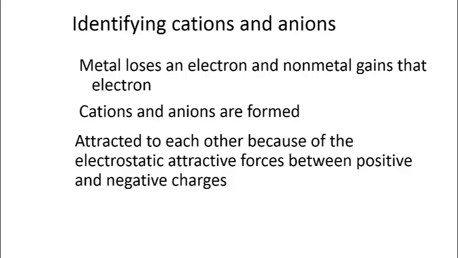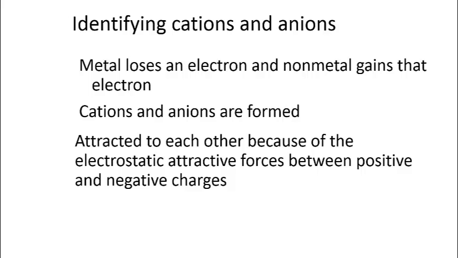Identifying cations and anions. The basic process that occurs when an ionic bond is formed is a metal loses an electron and a nonmetal gains that electron. And when this occurs, cations and anions are formed.